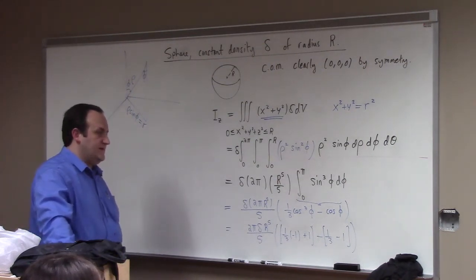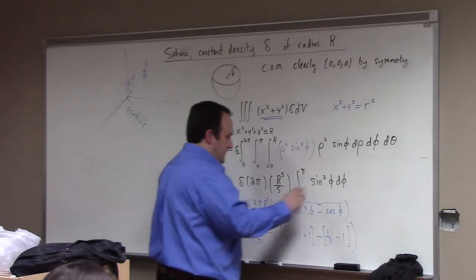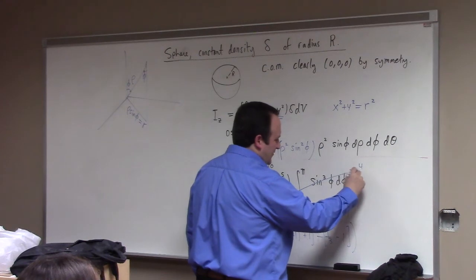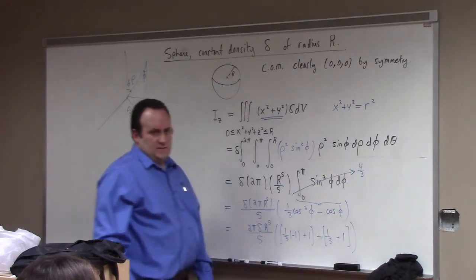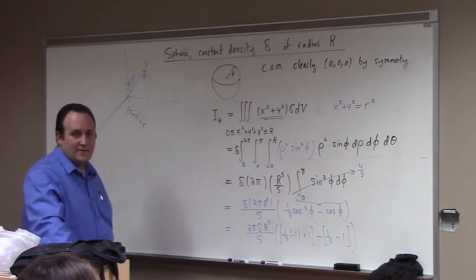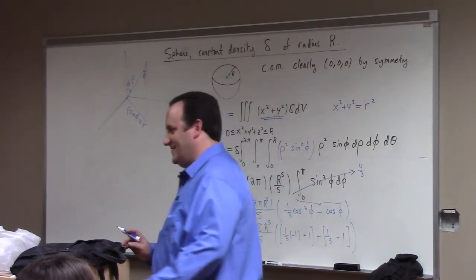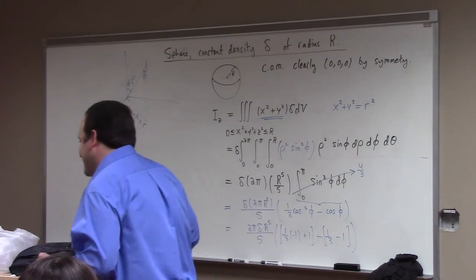In other words, this sine cubed, some of you have been like, I'm just looking at it, I think that's 4/3, right? I mean, if you could eyeball that integral and tell me 4/3, I'd be like, whoa, you're really good at calculus too.